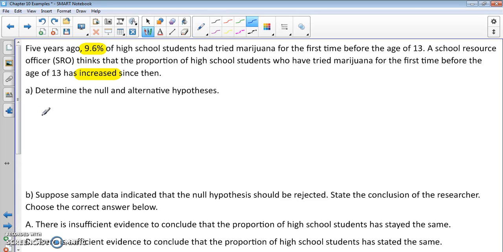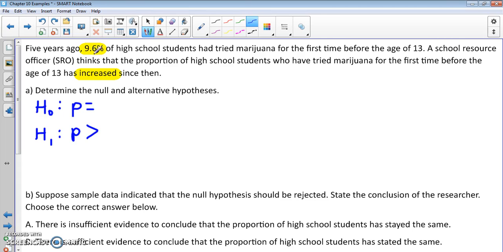So we want to state our null and alternative. So again, H sub 0 colon, H sub 1 colon, and since this is a percentage, we're working with the population proportion. So P, the null is always equal to, and it says increase, so our alternative here is greater than.